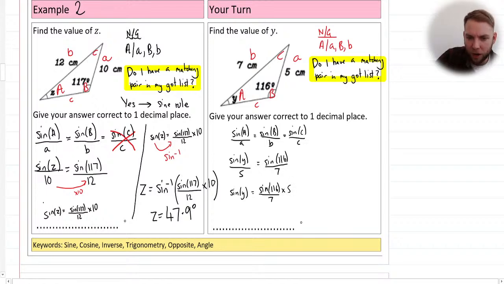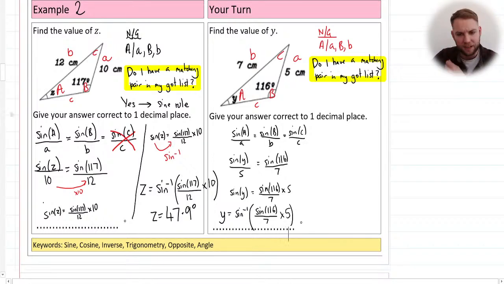And the last little part is I need to get rid of that sine on the left hand side. So it's going to be y is equal to sine to the minus 1 of all of this, which is sine of 116 over 7 times by 5. There, like so.